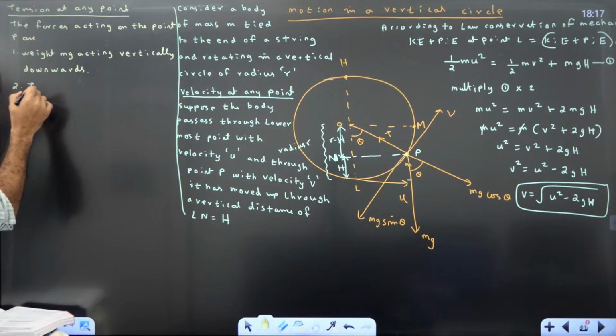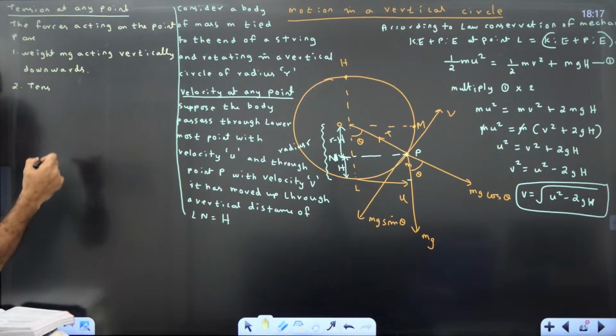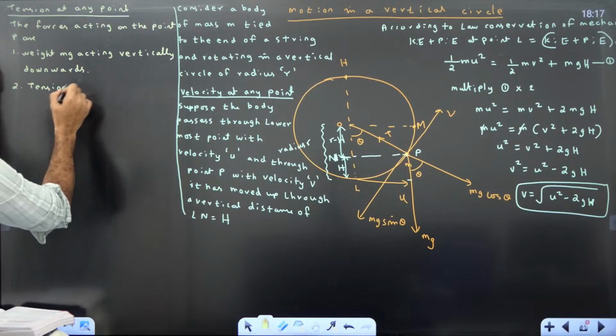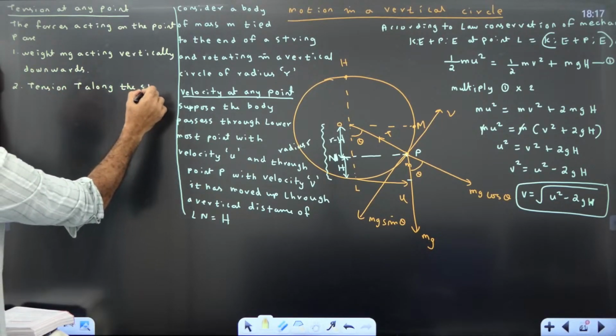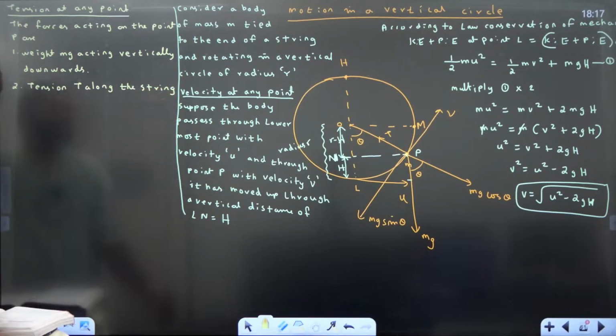Second one, what? Tension T in the string, along the string. Always remember tension acts away from mass.